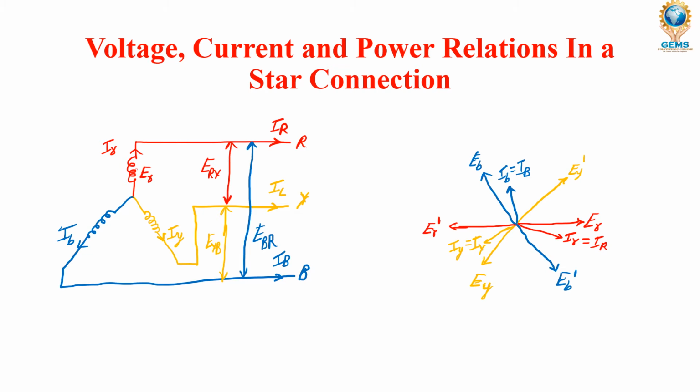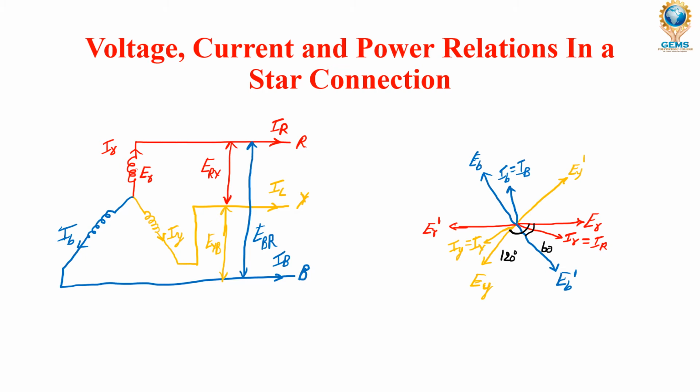Now we are going to draw the line voltage. Before drawing that, I already told the angle between R and Y is 120 degrees. This EB is cutting this exactly at center. 120 by 2, how much? 60. So the angle from here to here is 60. Similar to this you can see up also.